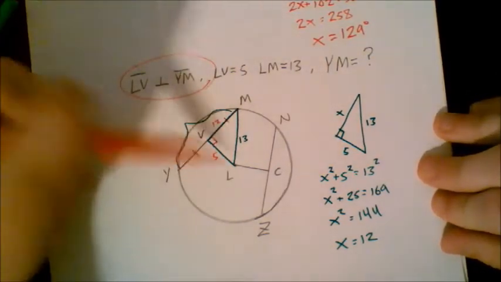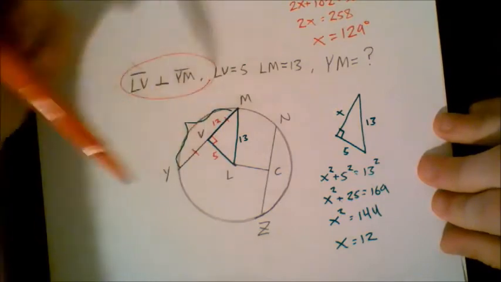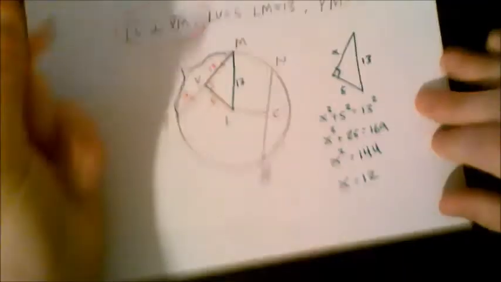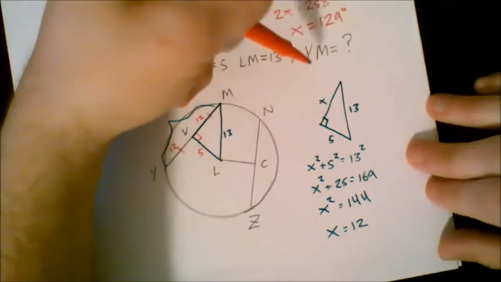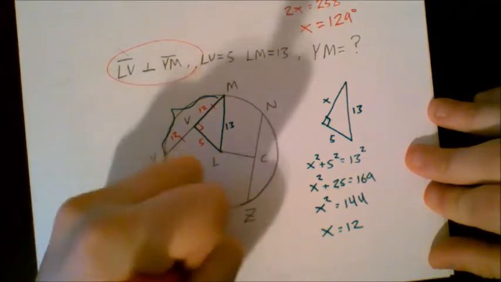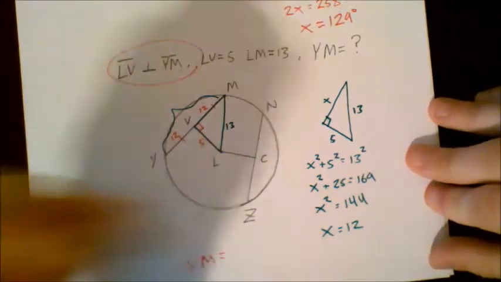LV bisected this chord. So if VM is 12, then YV is 12. Therefore, YM, this chord right here, is just 12 plus 12, or 24.